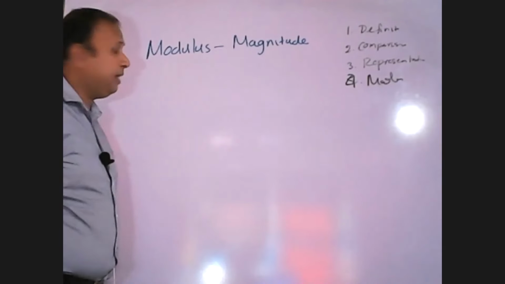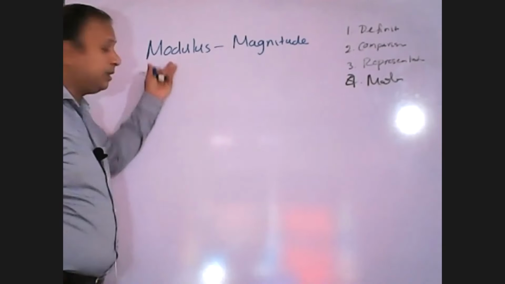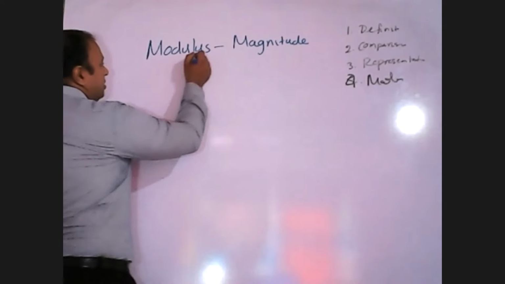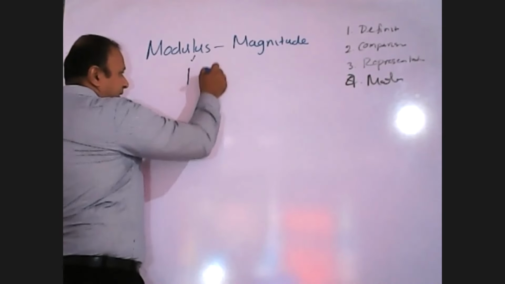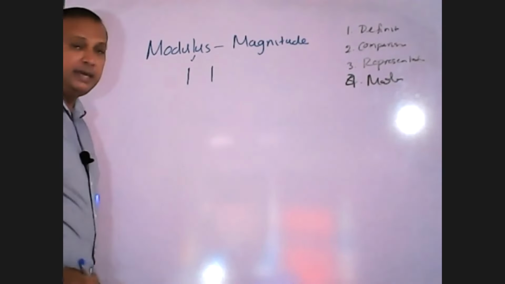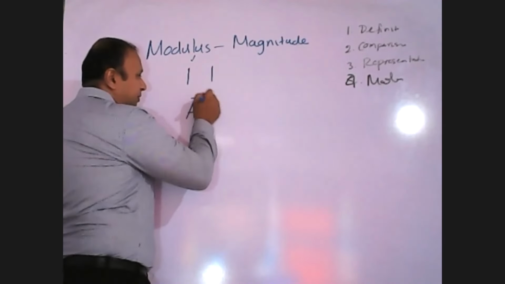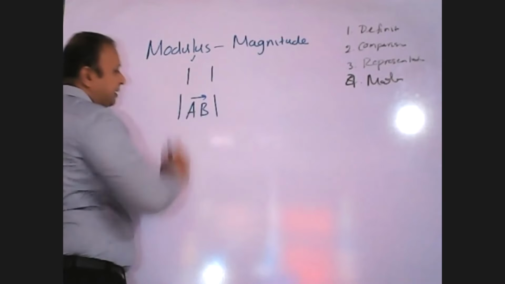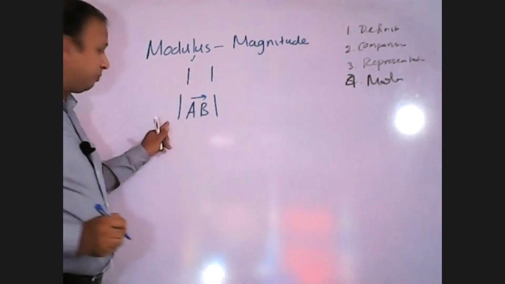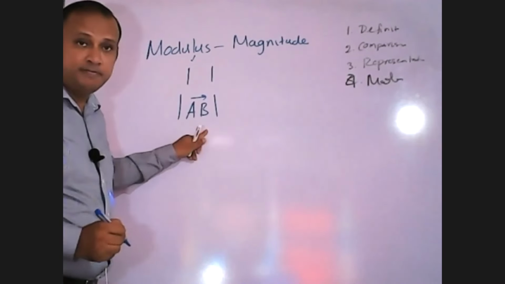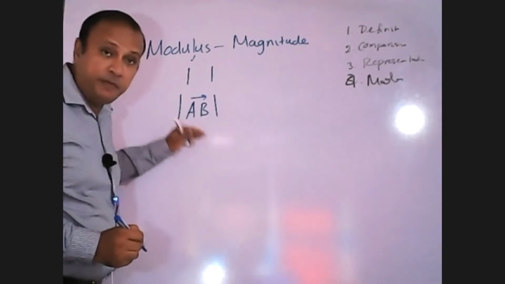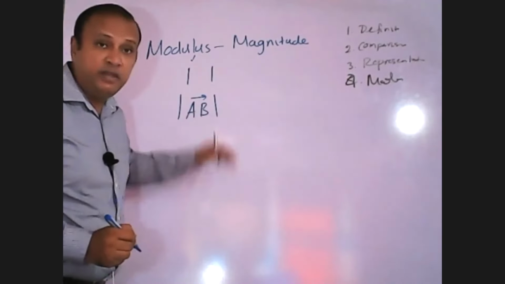Normally, we represent the modulus like this. If you want to find the modulus of the vector AB, we can write it as the modulus of AB. So this is how we represent the modulus of the vector.